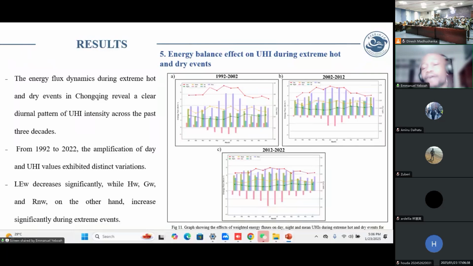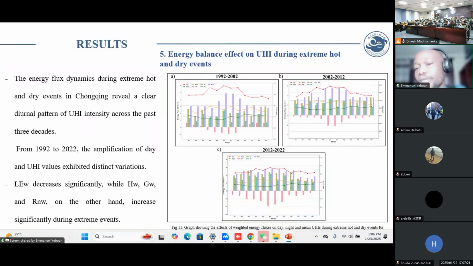So you can see that across the years, daytime UHI tends to amplify as a result of intensification of these fluxes. The negative intensification goes to the latent heat, and the positive goes to ground heat, net radiation, and sensible heat. We can also see that the green line, which represents nighttime UHI, also tends to amplify.